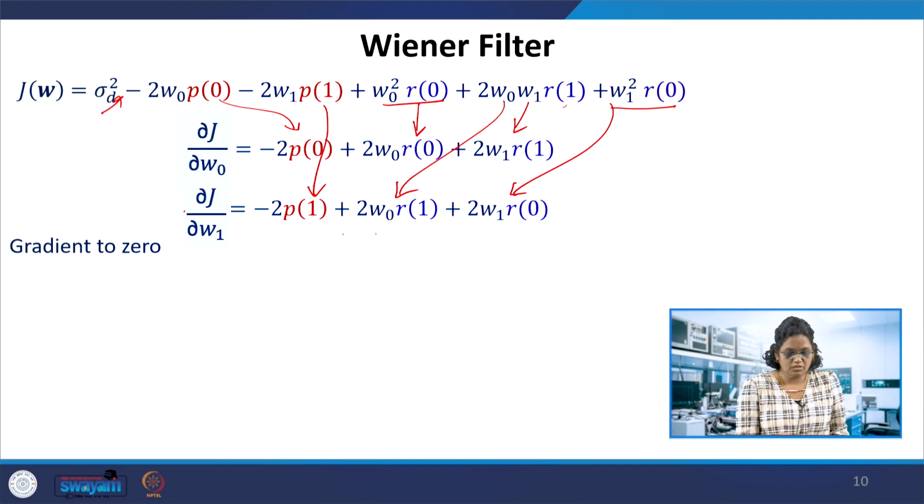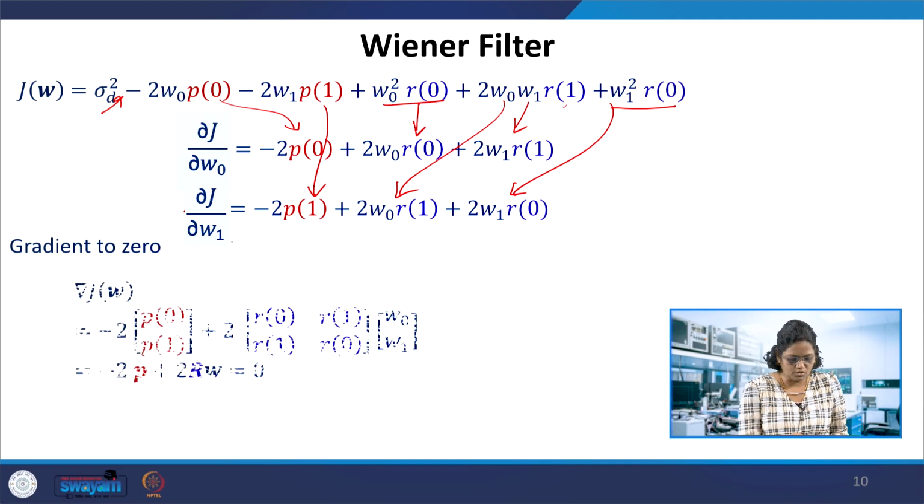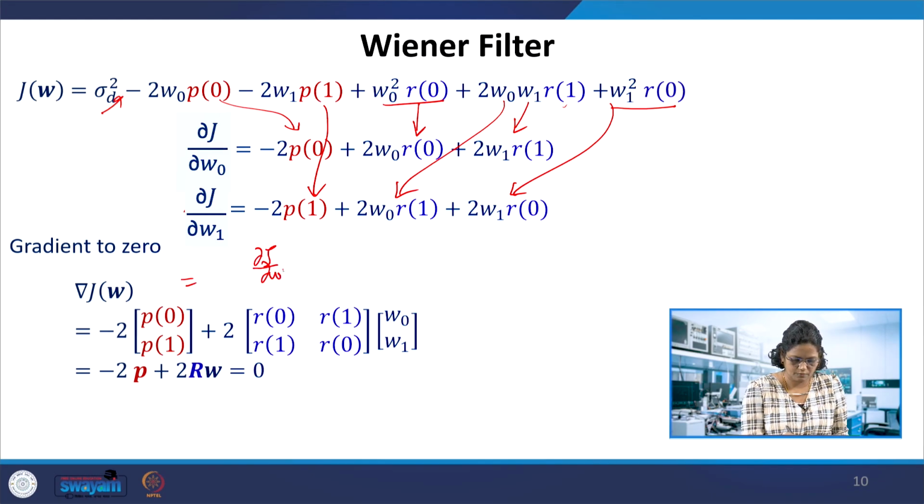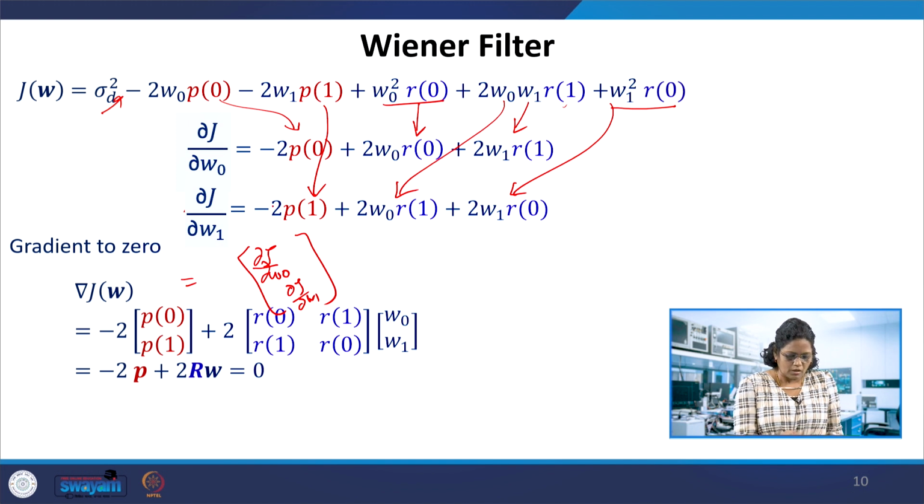So taking this gradient and equating to 0, we call this del J, this vector which is dou J by dou w0 and dou J by dou w1. So this is equal to minus 2 times p0 p1, plus 2 times this 2 by 2 matrix into w0 w1.